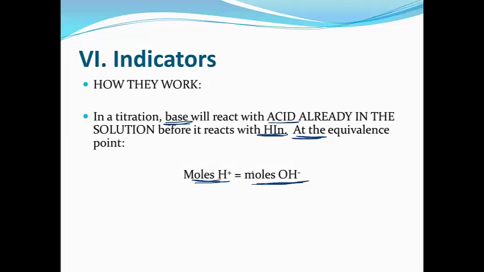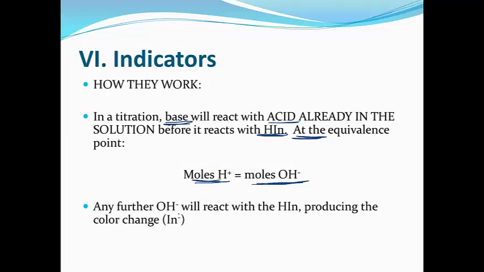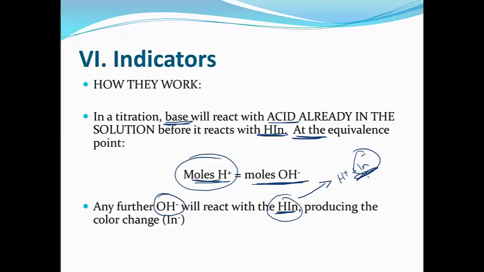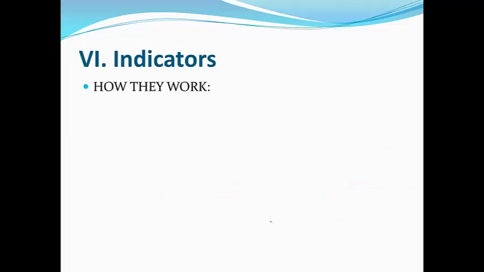If you add a little bit more base, there's no more H plus from that acid because we titrated all of it. So the base will now start reacting with the indicator molecule, and this stuff goes away and it starts producing more H plus and more indicator anion. As you use up more and more of this, you produce more and more of that anion, and now you start seeing the color change.